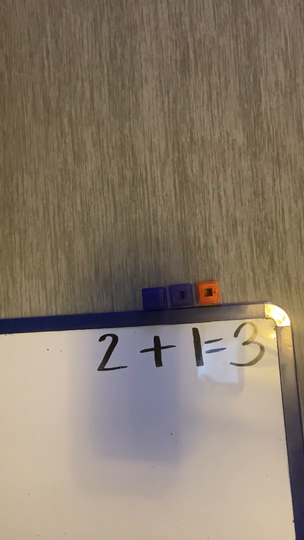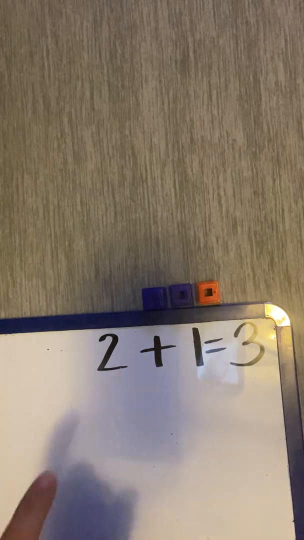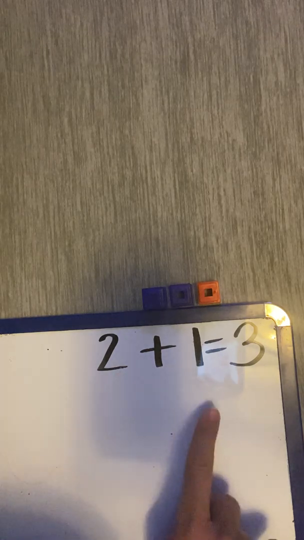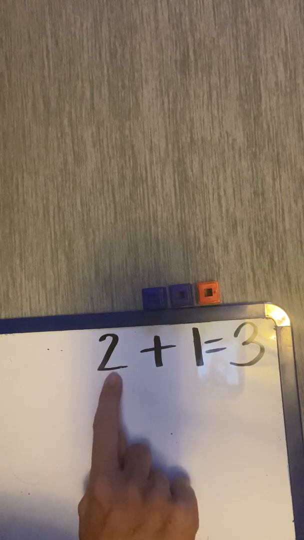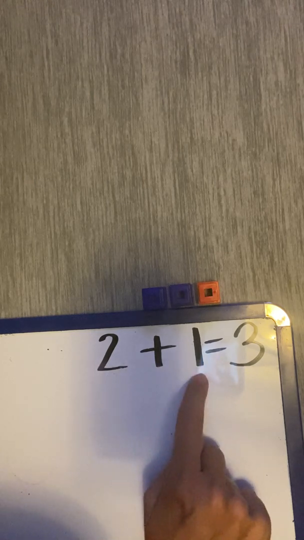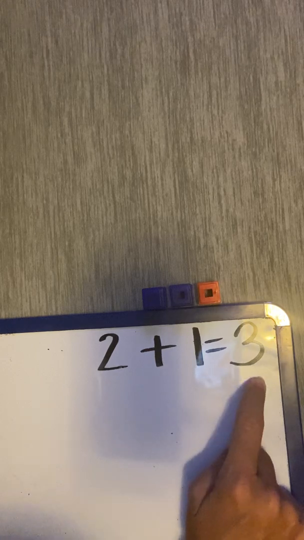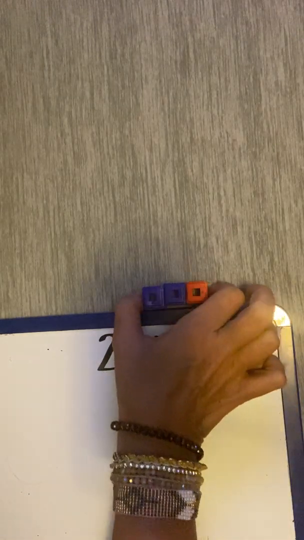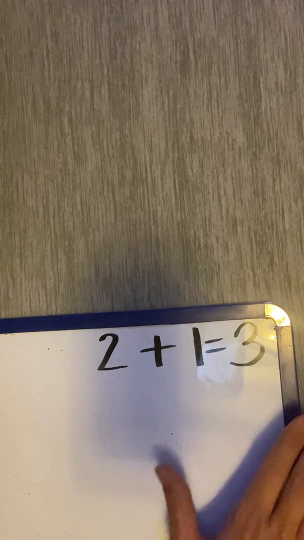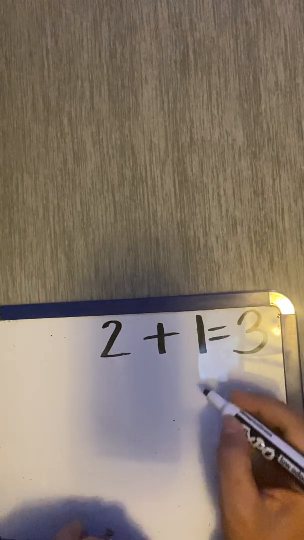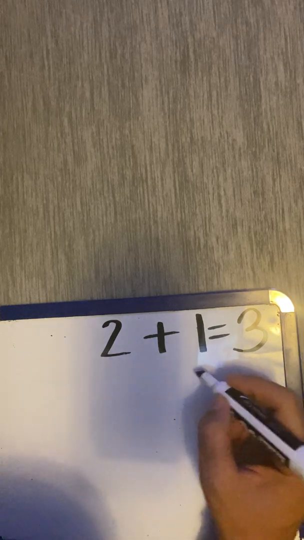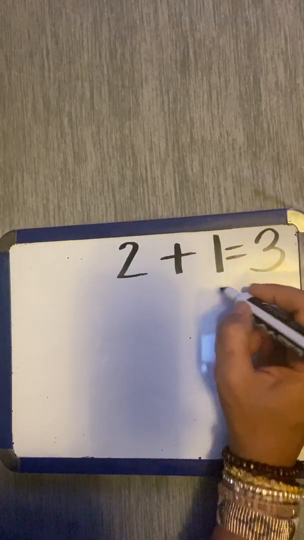But boys and girls, we can also write this same problem vertically. So right now we have it written horizontally, and that's how we've seen it on our papers. 2 plus 1 equals 3. Okay? But most of the time in math, you're going to see your number sentence written vertical. So I'm going to show you what I mean.